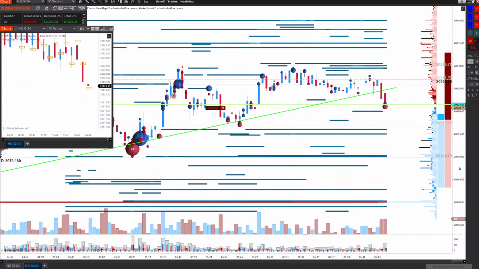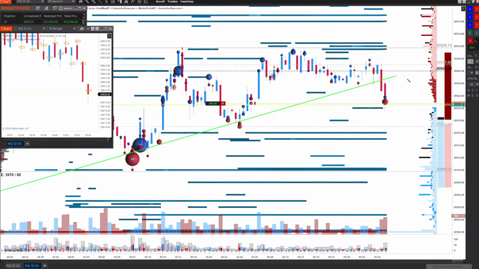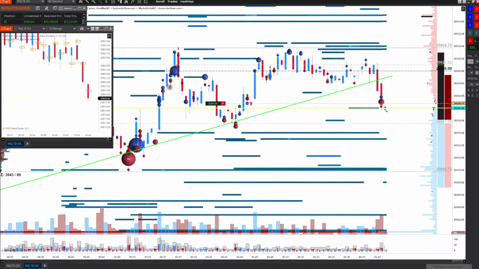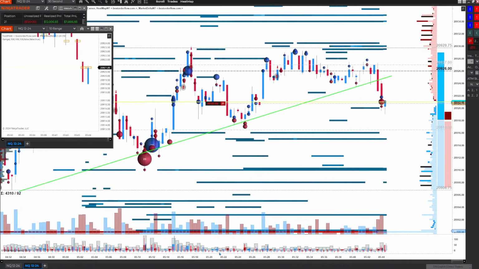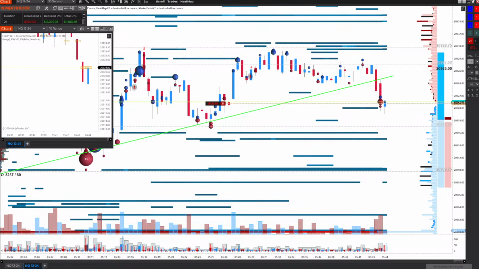We are sliding down. We may still come back and retest this area, or we may give up and just go in a more directional way to grab all of that liquidity on the right side of this green line. That's what the game is about, the price line game.